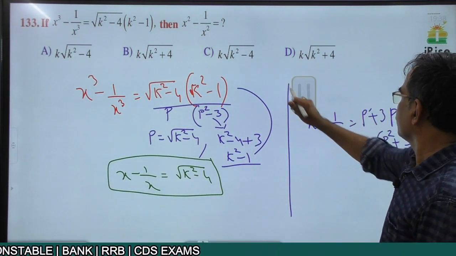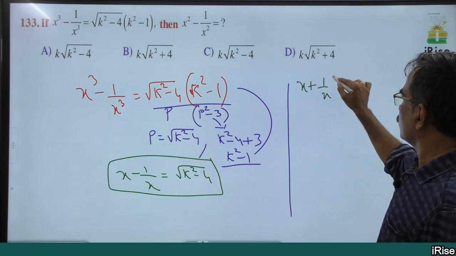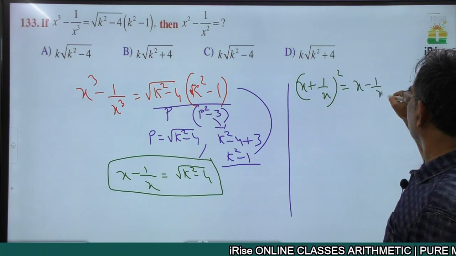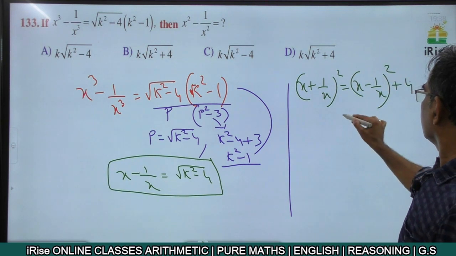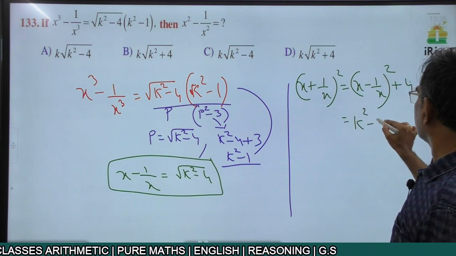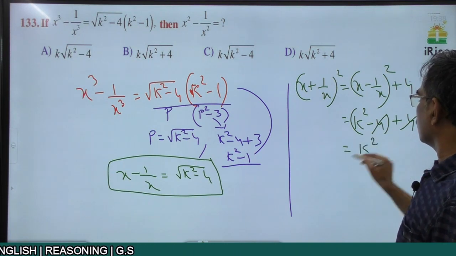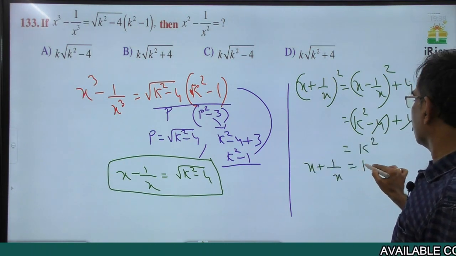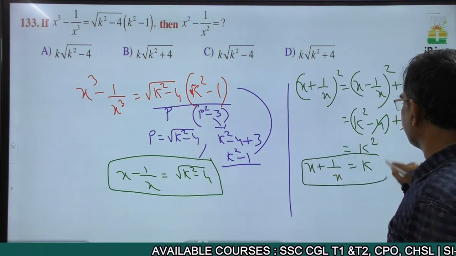Listen here. X plus 1 by x whole square is equal to x minus 1 by x whole square plus 4. This is nothing but k square minus 4 plus 4, cancel, we get k square. So x plus 1 by x is equal to plus or minus k. Here I want to consider only plus k.